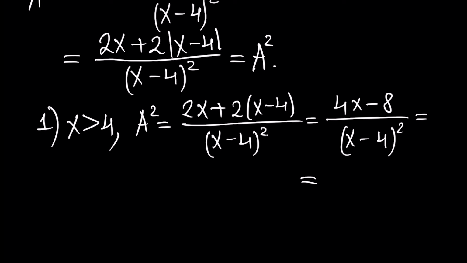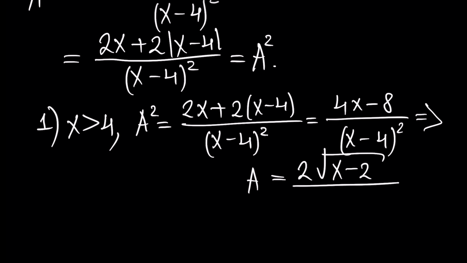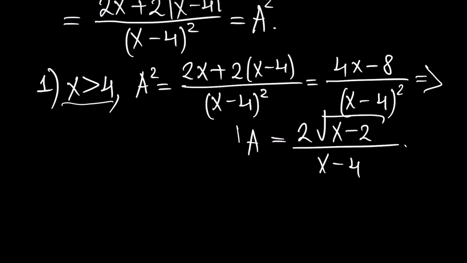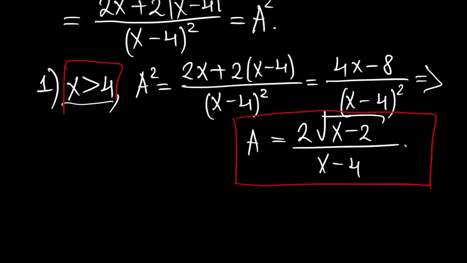It follows that A is equal to 2 times square root of x minus 2, divided by x minus 4. And we didn't write the absolute value of x minus 4 because here x is greater than 4 and it will be a positive number. So this is the first answer, for x greater than 4.